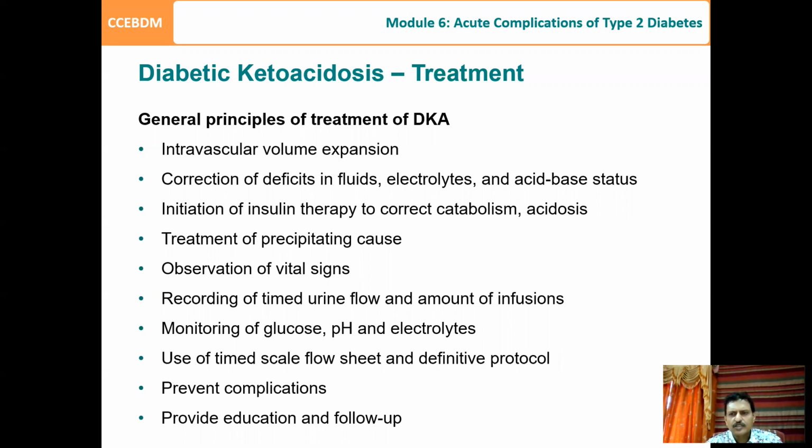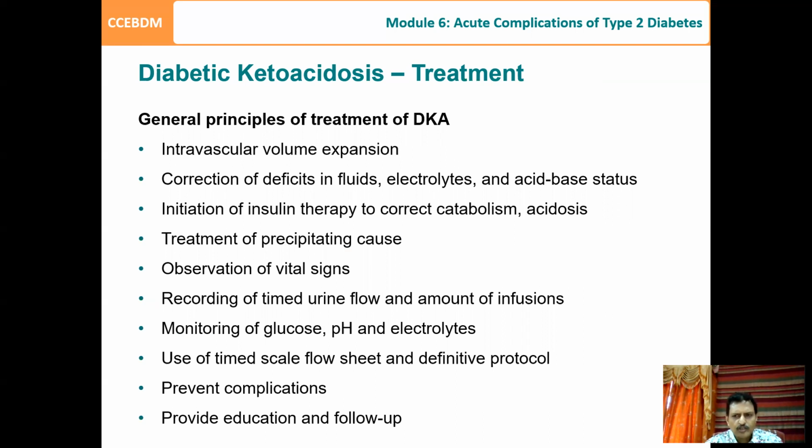So start the insulin infusion at a very low dose. Usually we start in a dose of 4 to 8 units per hour. That depends a little bit on the body weight. So you can start 4 to 8 units per hour depending on the body weight, and just wait and watch whether the patient is gradually improving or not, or hyperglycemia is gradually correcting or not.